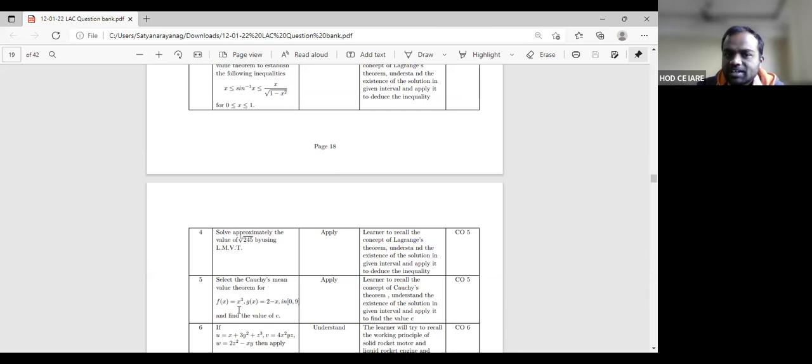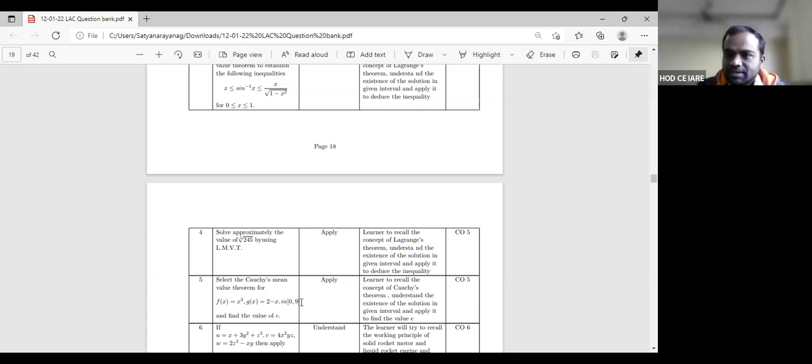Here f of x is a continuous function, because it is an algebraic expression and also a polynomial. This is also a continuous function, g of x also, in the closed interval of 0, 9, and they are derivable. F dash of x is equal to 3x square and g dash of x is equal to -1, also derivable.